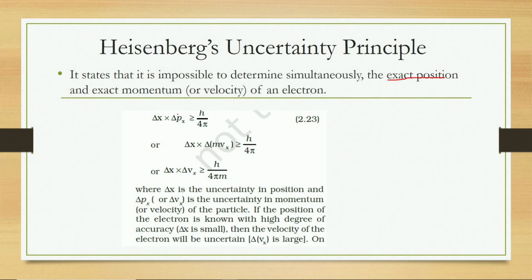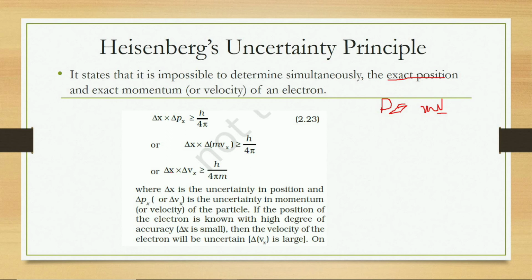Here p is linear momentum, and we know that p is equal to mv. If we talk about the change in linear momentum, mass is a constant term, and the changing term is the velocity. So delta x into delta v is equal to or greater than h by 4 pi m.